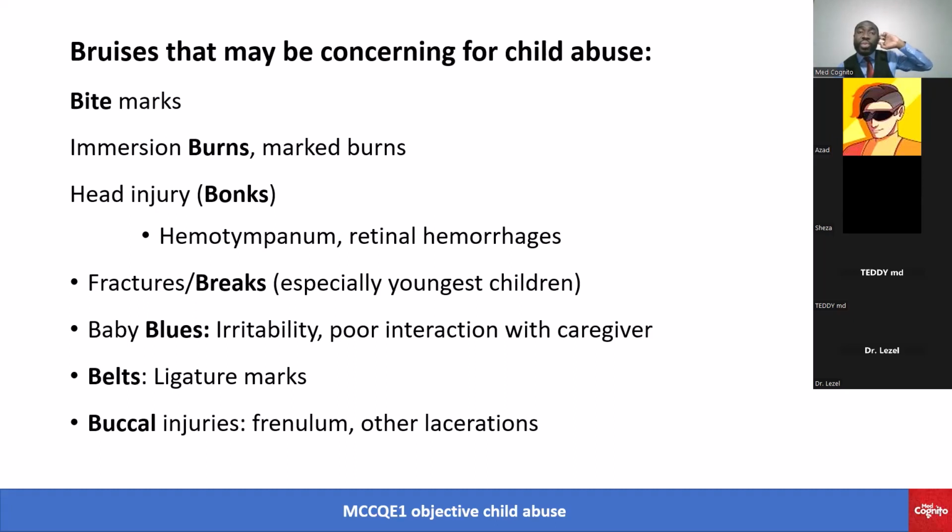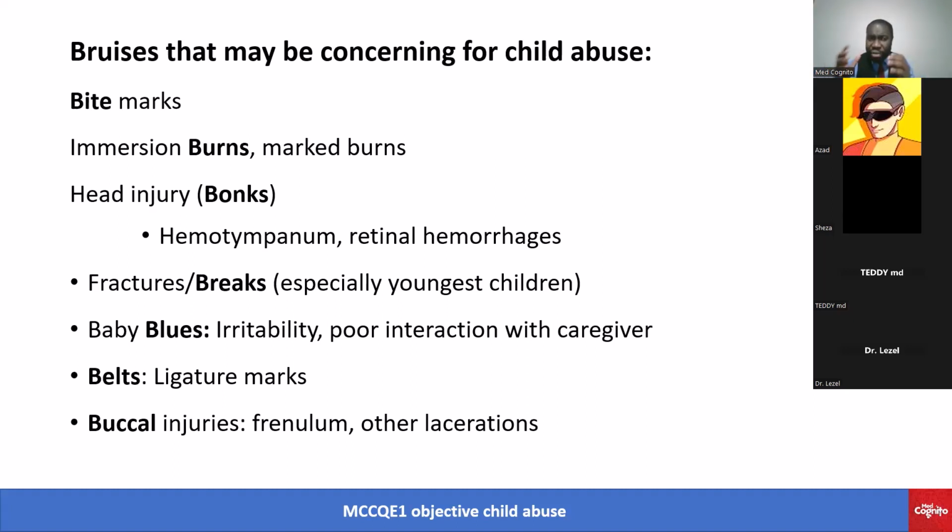So one thing you want to use is an acronym: the B's. Bites, burns, bongs, breaks, blues, belt and buccal. The B's. If I were you, I'd just write them down. Bites, burns, bongs.